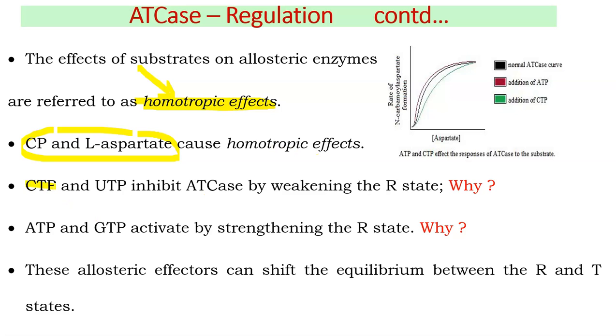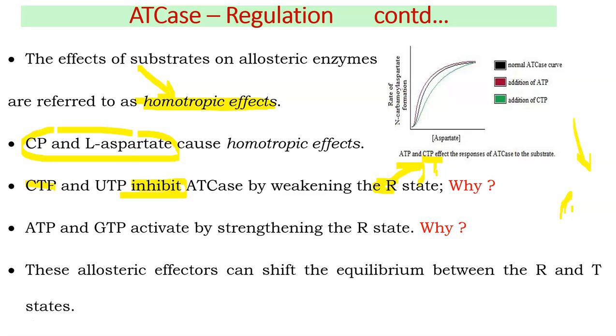And CTP and UTP can inhibit the aspartate transcarbamylase enzyme by weakening the R state. That means from the R state it is going to the tensed state. Why does the binding of CTP or UTP inhibit ATCase? If CTP is binding, it means the end product is binding.